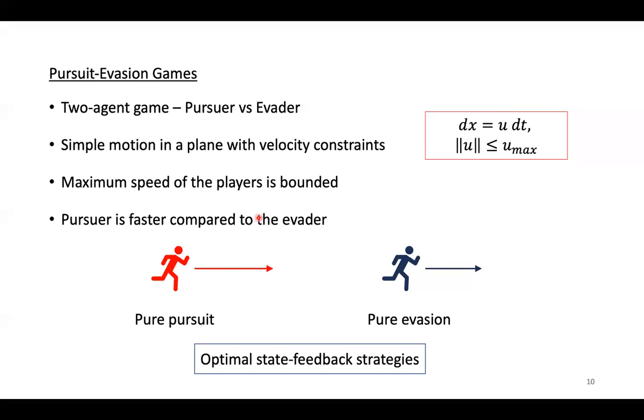In the case of pursuer being faster compared to the evader, you have capture, and in the case evader is faster compared to the pursuer, or even if the evader is of the same speed as the pursuer, you don't have any capture, which means in this situation where both players have the same speed, both players' relative distance doesn't reduce, which means there is no capture at any point of time. So this is essentially a single pursuer, single evader game, which is very simple.